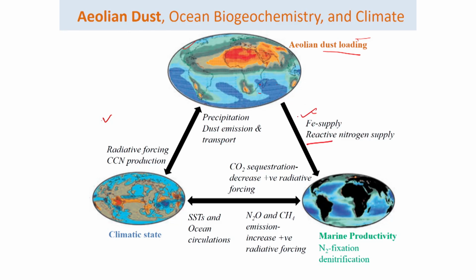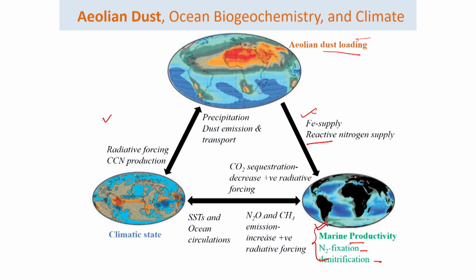Because of this, it can contribute to marine productivity, nitrogen fixation and denitrification processes as well. So these three processes can be affected by the supply of aeolian dust, especially the iron and nutrient cycle.